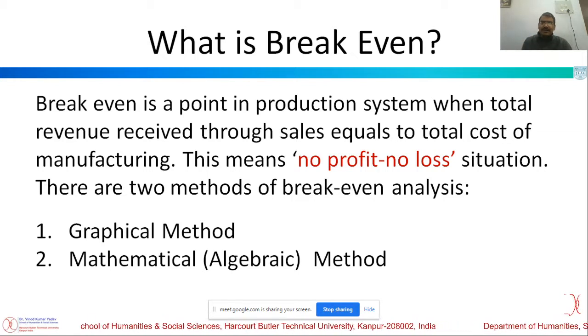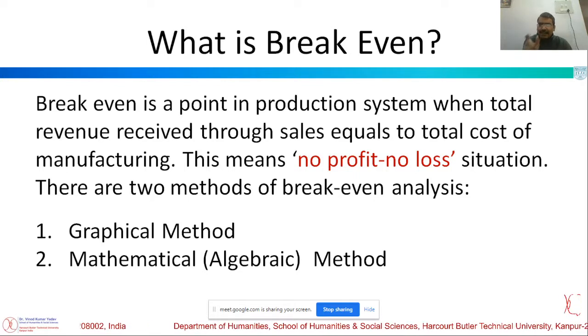The point when you recover 10 lakh rupees, when the total revenue from the business becomes equal to 10 lakh rupees, is break even. Above that, whatever you earn will be profit, and below that will be loss. At that point you are in a no profit no loss situation. So break even is basically a no profit no loss situation.